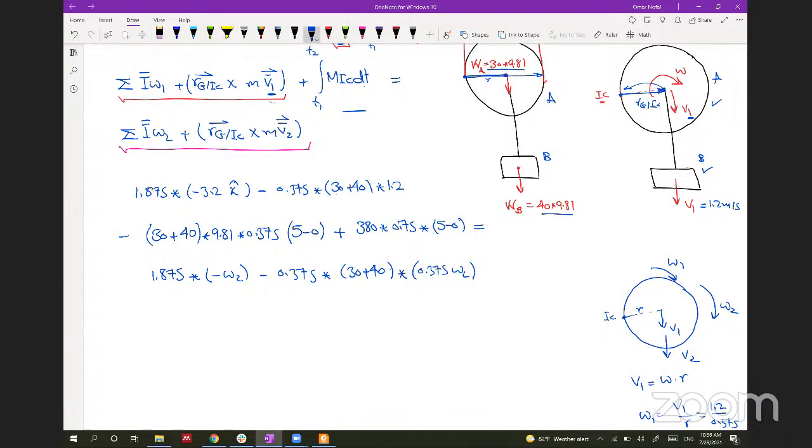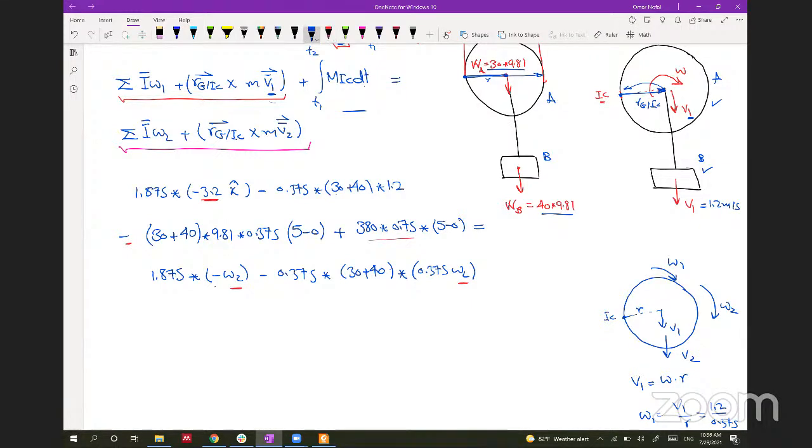So now it's only one equation and one unknown, which is omega 2. You will have to calculate all of these values and be careful about the signs. This is negative, and you have negative inside here, and this is negative here, and this is positive. There's negative into omega. So you will have to be careful because there's a lot of numbers.